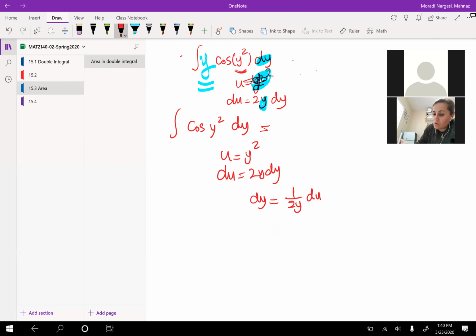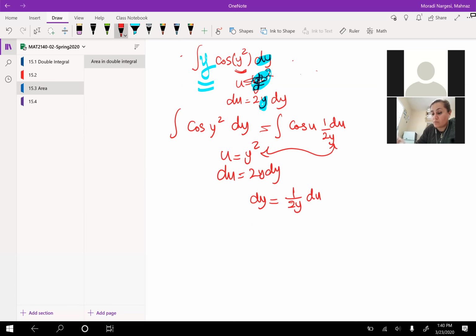So when you go over here, you have cosine of u, and then you have du, which is 1 over 2y, right? So your problem is, can you write y, because it has to be all in terms of the u, right? Can you write y in terms of u?